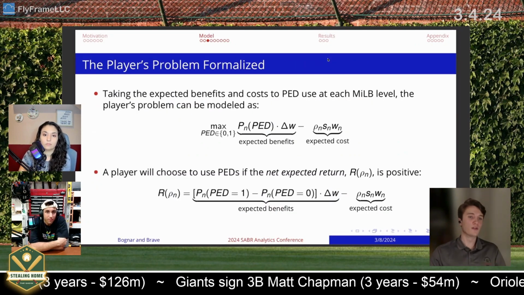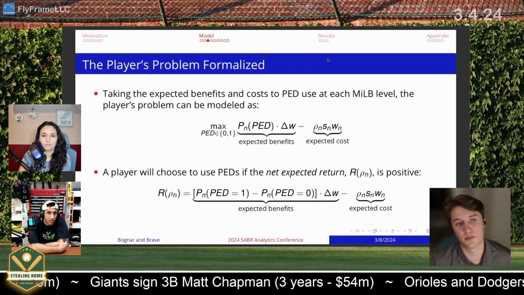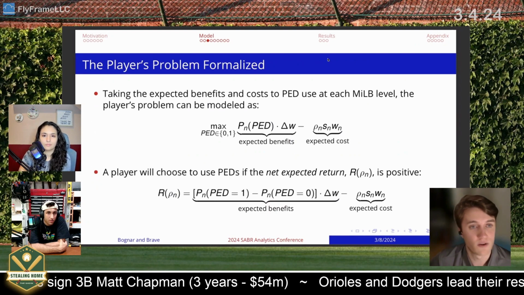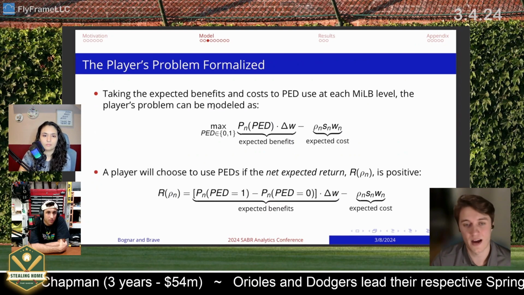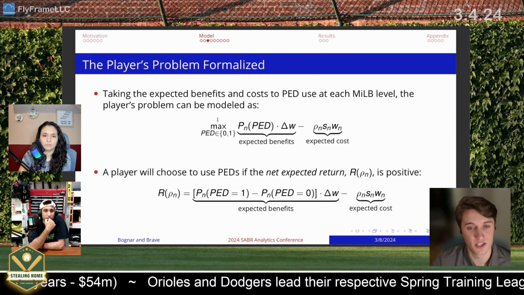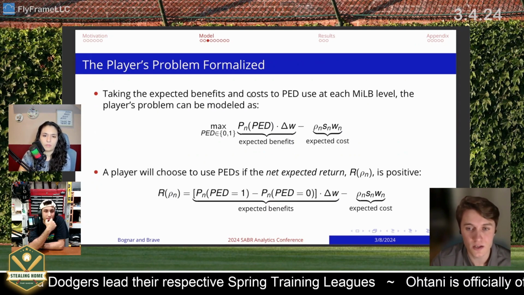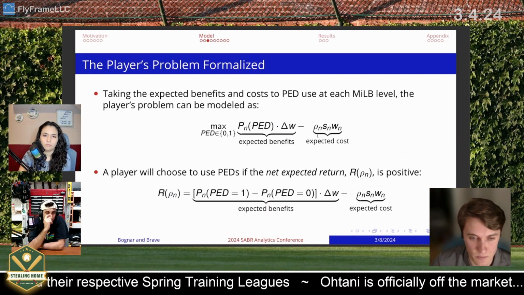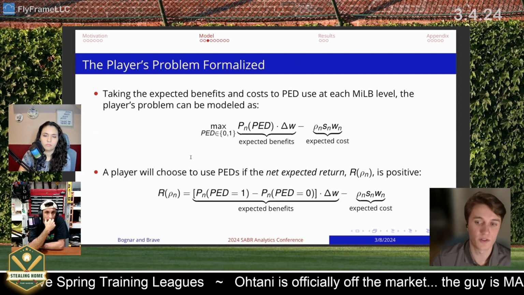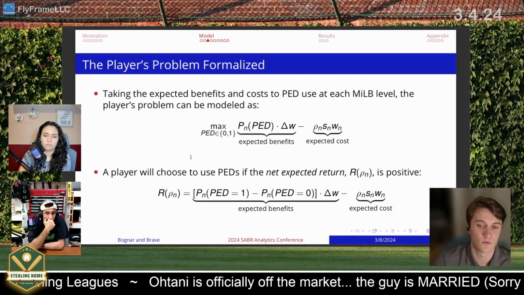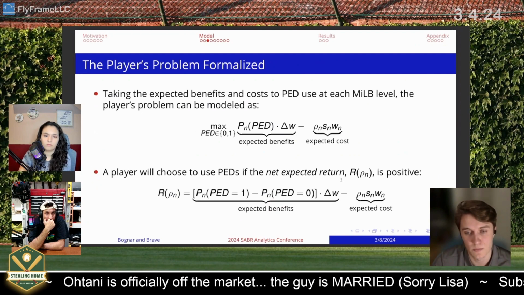And so when we finally formalize this, as I said, it's simply just looking at costs and benefits. From the player's perspective, all they want to do is maximize the expected benefits from PED use less the expected cost of PED use. And so what this simplifies down to is what we call the net expected return to PED use.